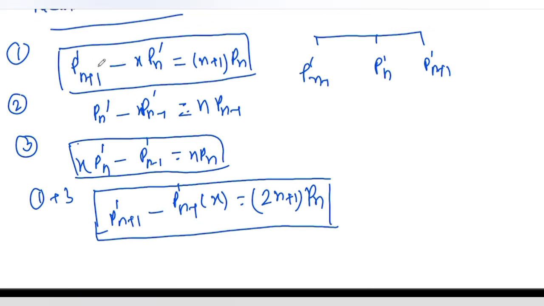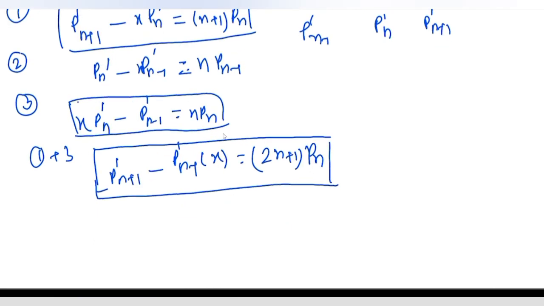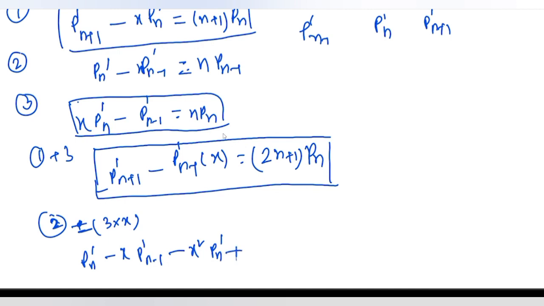If we multiply with this x, now 2 plus 3 into x, so we get p n dash minus x of p dash n minus 1, sorry, this can be written as minus x square p of n dash plus x of p n minus 1 dash.